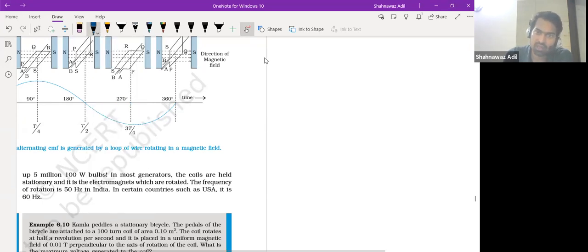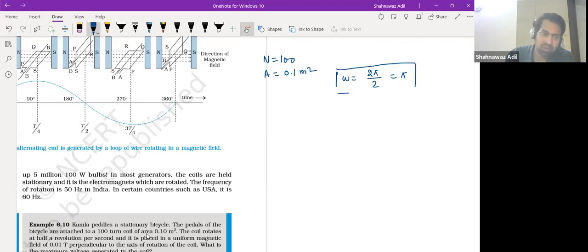100 turns, so N is given, and area is also given, 0.1 meter square. And then the coil rotates at half a revolution per second. Full revolution is 2 pi, but half revolution, so omega is pi.